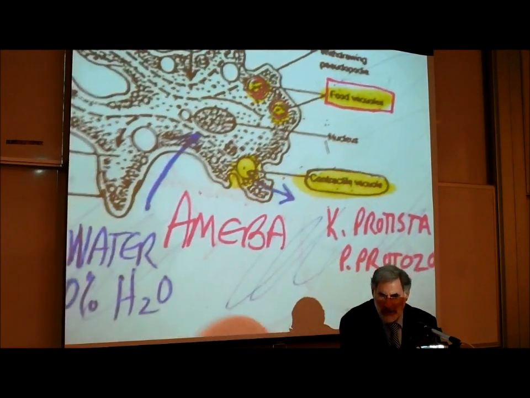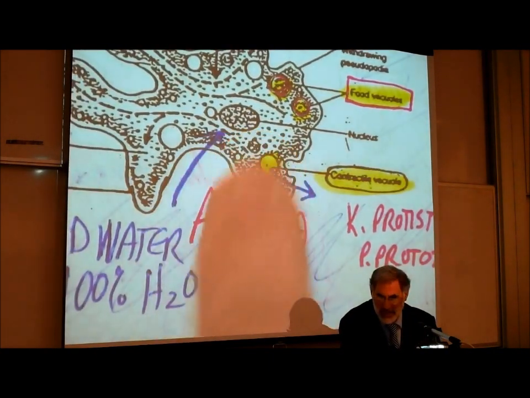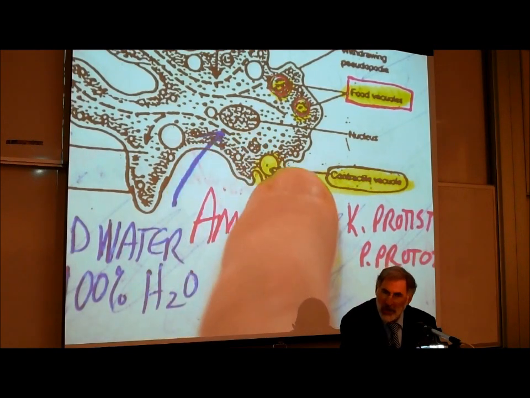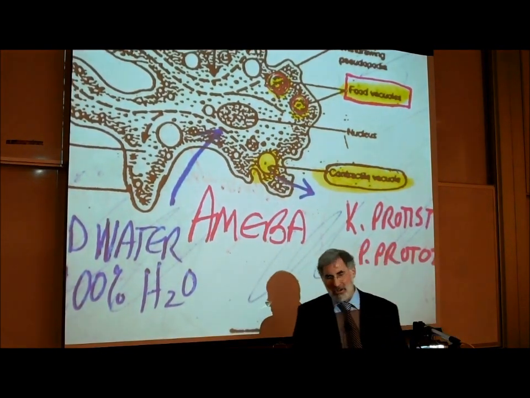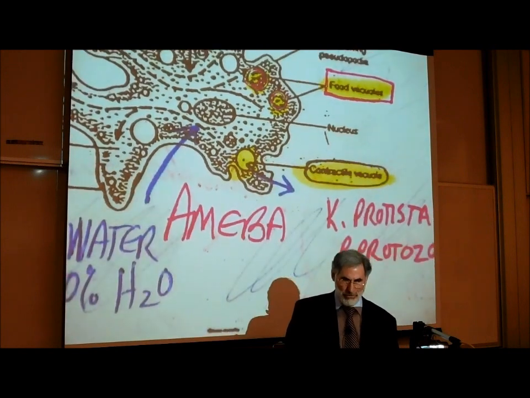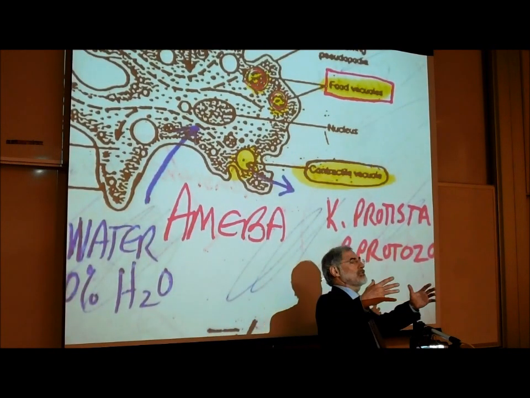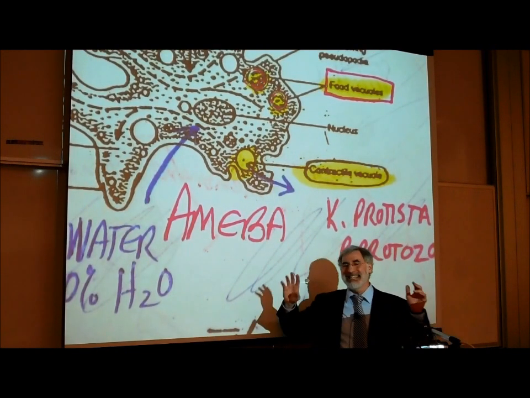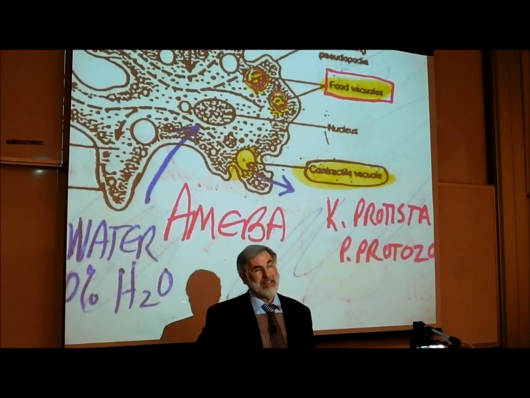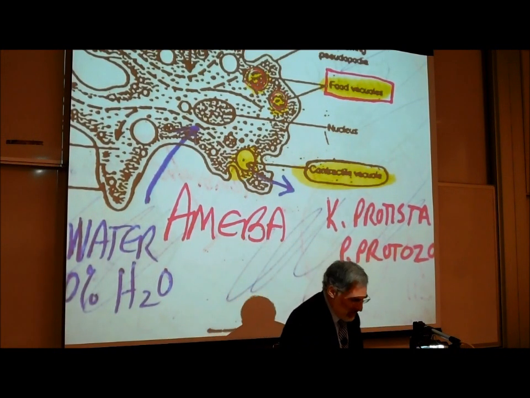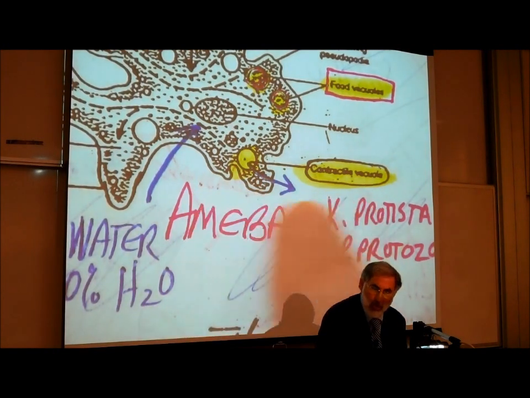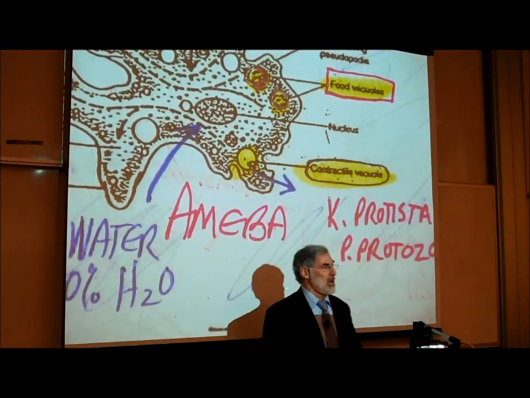So as the water flows into the amoeba cell, that water accumulates in this sac called the contractile vacuole. When that sac fills up with enough water, it does exactly what its name says. It contracts. And when it contracts, it squirts the water back out into the pond.